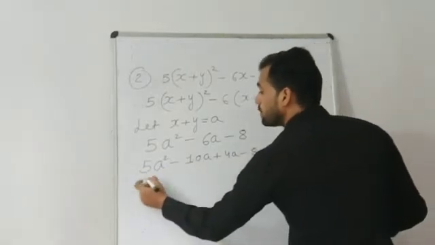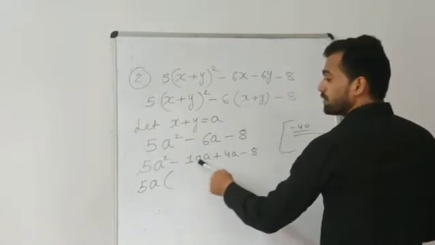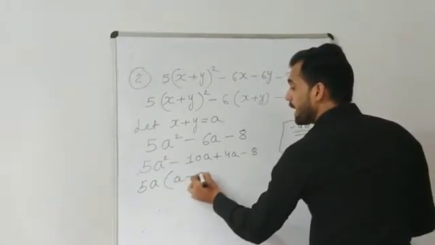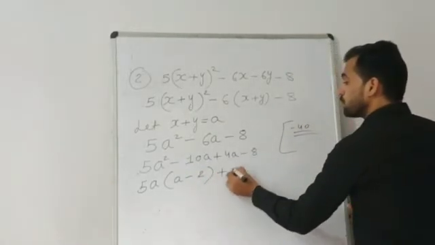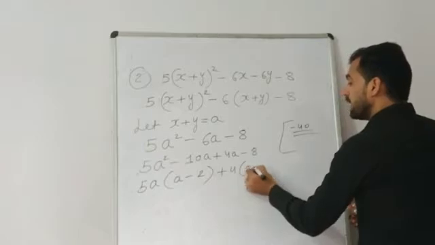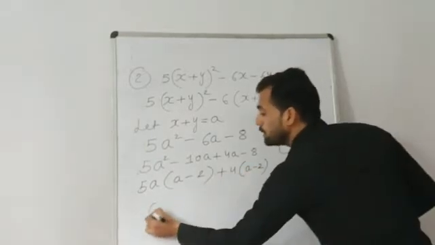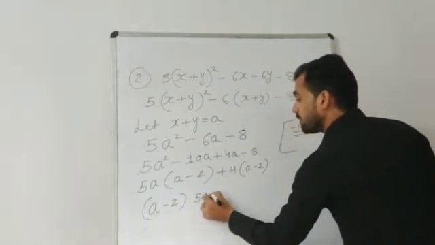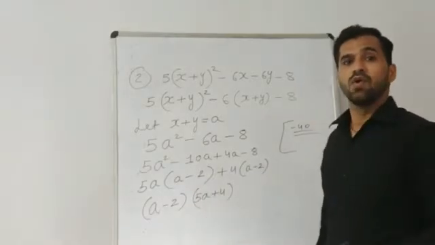What will we take common? 5a will come common, because 5 a is 5a and 5 twos are 10a. So we will write a minus 2 here. Plus 4, 4 a is 4a, 4 twos are 8. 4 common, so we will write a minus 2 here. A minus 2 is overall common, so 5a plus 4.